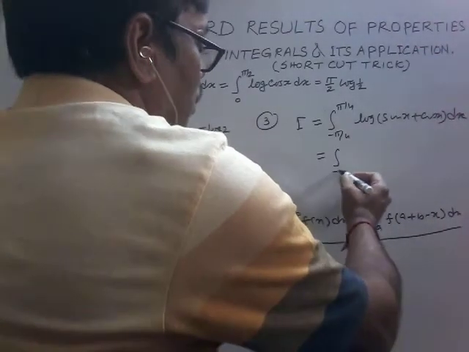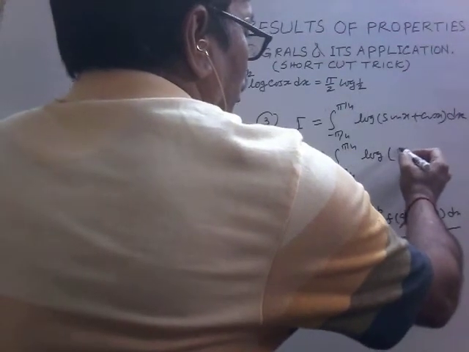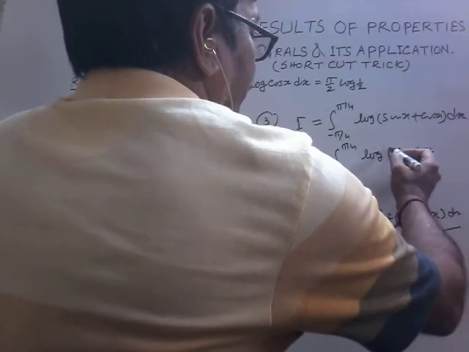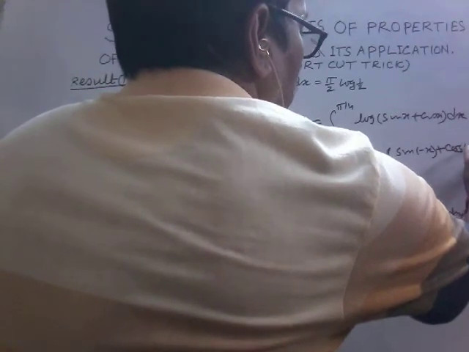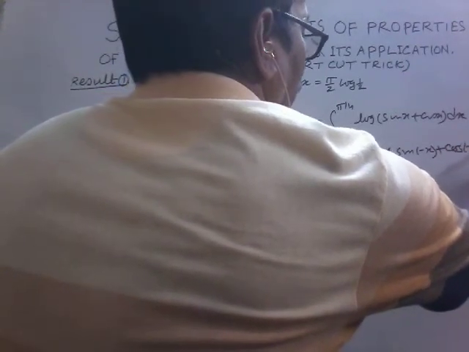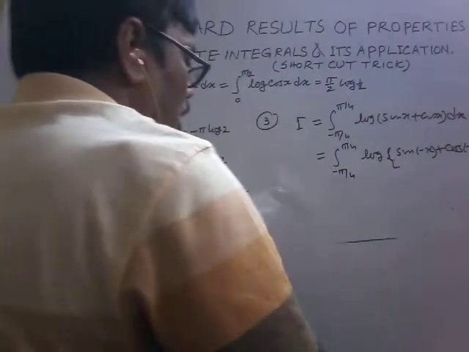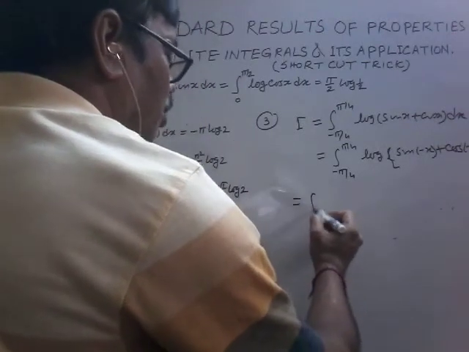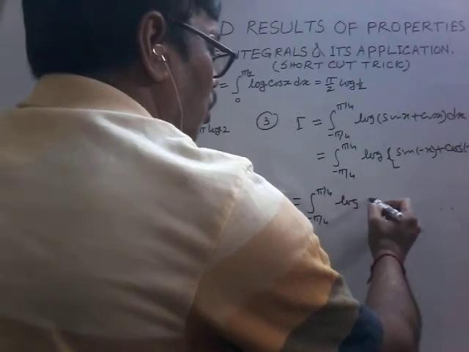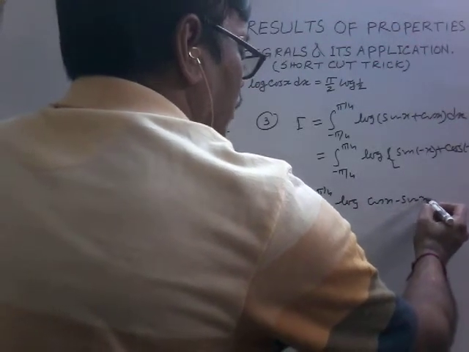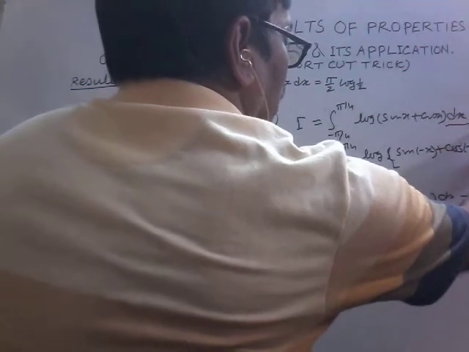So this is minus pi by 4 to plus pi by 4 log of (sin of minus x plus cos of minus x) dx. If we simplify it, we get the integral from minus pi by 4 to plus pi by 4 of log of (cos x minus sin x) dx. This is 2 and the original result is 1.